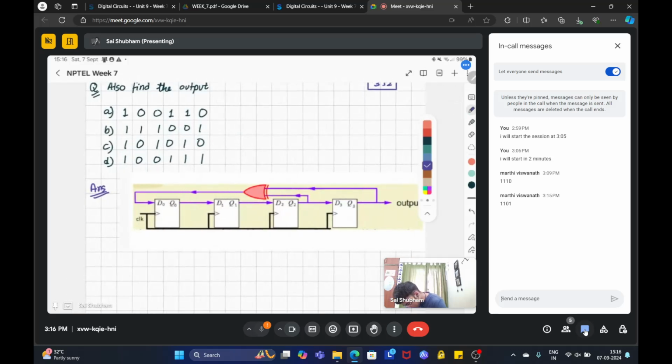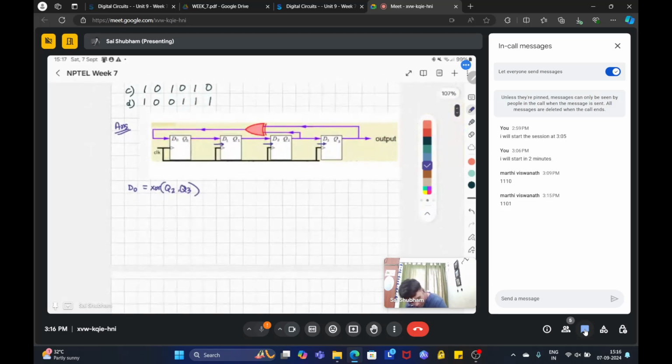You can see that D0 is basically the XOR of Q2 and Q3, and whatever value there is in Q0 will be transferred into D1. Q1 value will be transferred into D2, and Q2 will be transferred into D3.